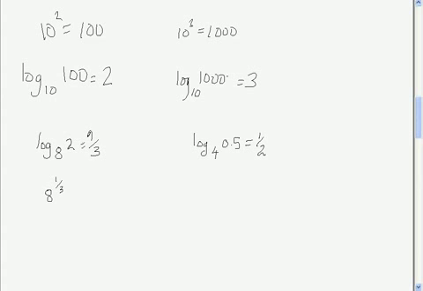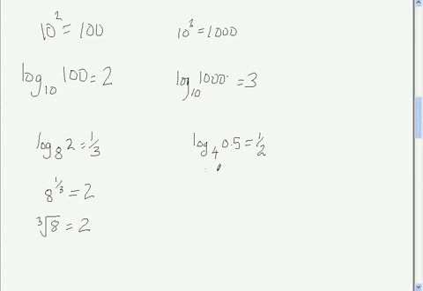So 8 to the power of a third is equal to 2. Now that's a bit peculiar, but some of you would realize that a third is actually the cube root of a number. So the cube root of 8 is in fact 2. So that does work out indeed.